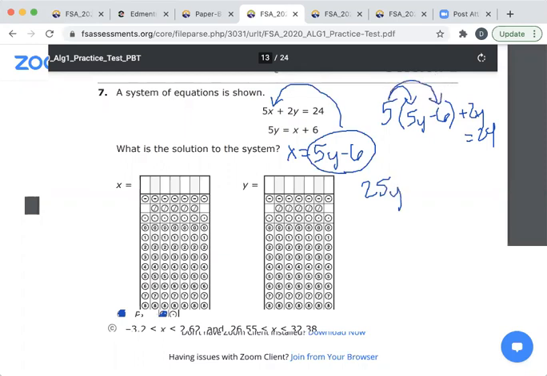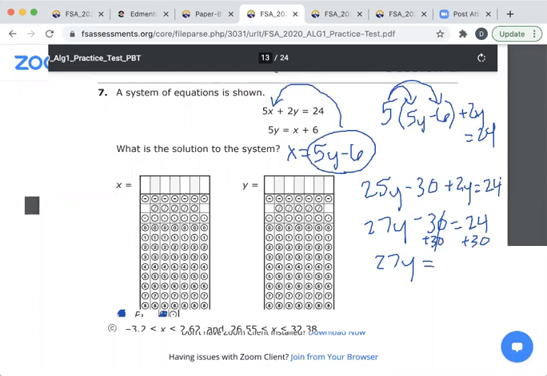And then 5 times negative 6 is minus 30, plus 2y equals 24. Now I'm going to combine like terms. So 25y plus 2y is 27y. Minus 30 equals 24. Now I'm going to add 30 to both sides. So 27y, adding 30 cancels it out.